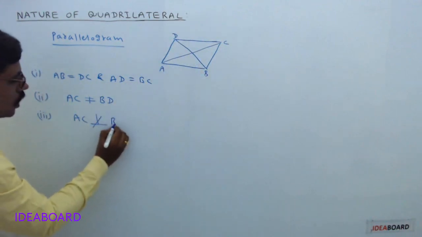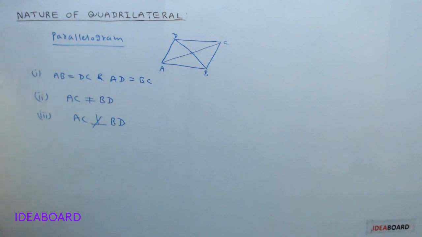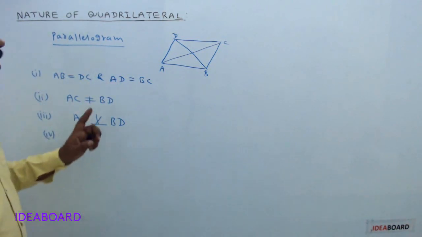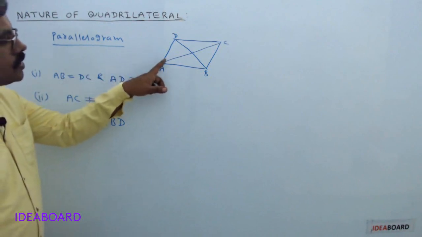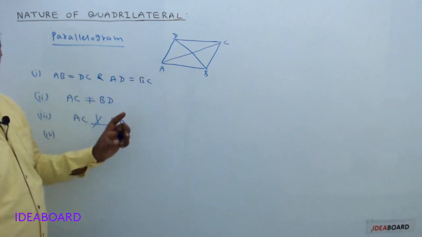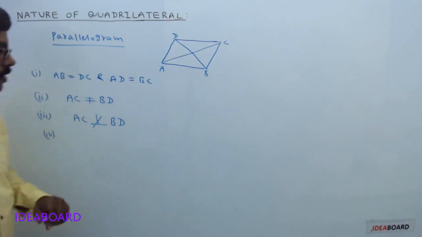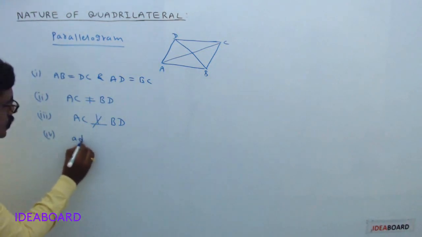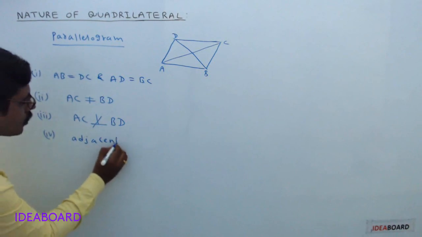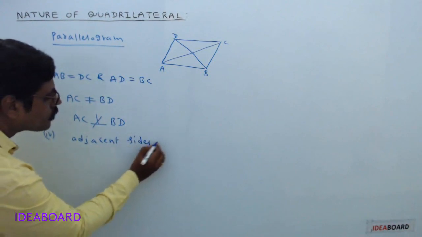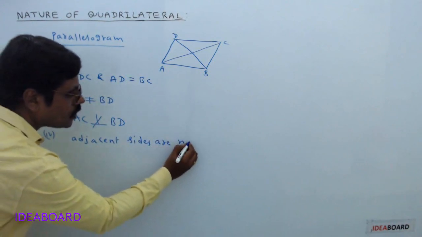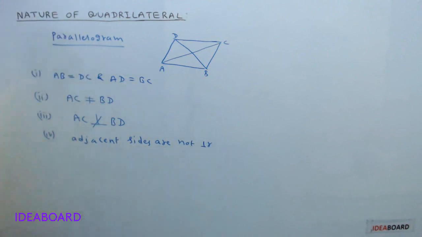Then fourth point, angle between the adjacent sides. Here adjacent sides are not perpendicular. So angle between the adjacent sides is not 90 degrees.